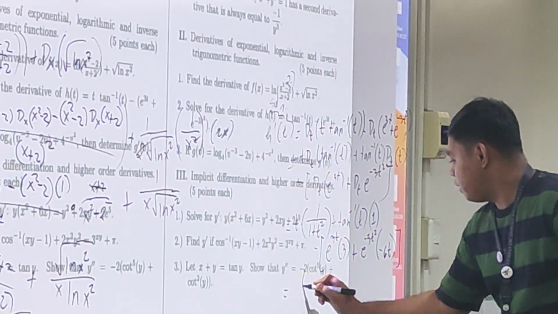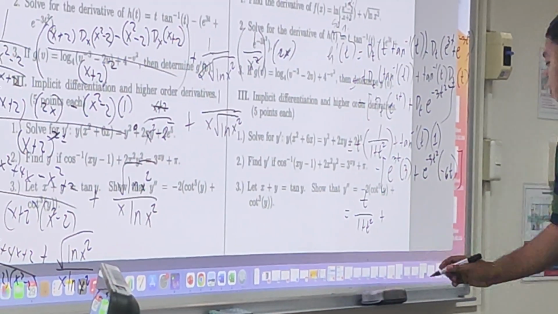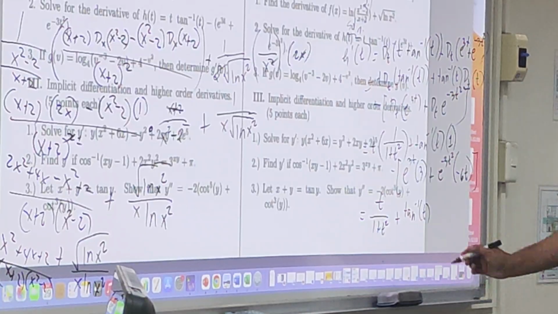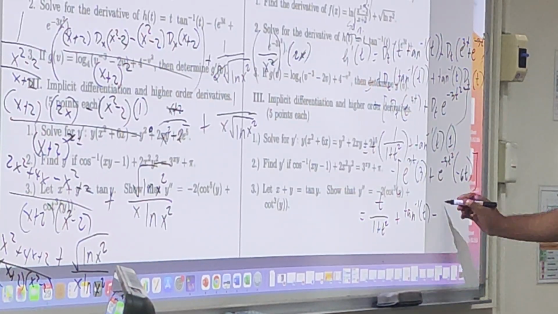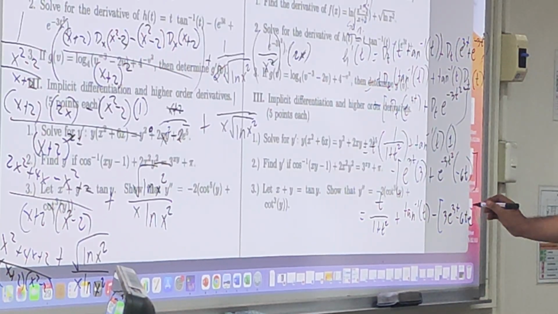So you have t all over 1 plus t squared plus tangent inverse of t, minus 3 e to the 3t minus 3 e to the negative 3t.